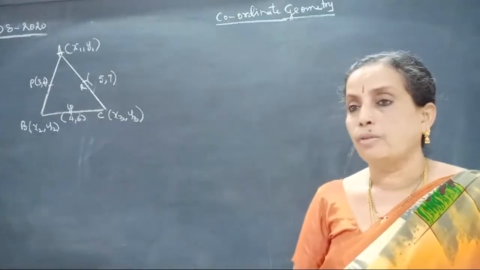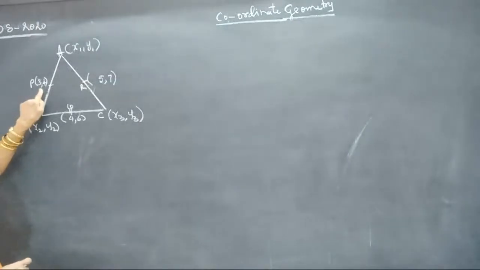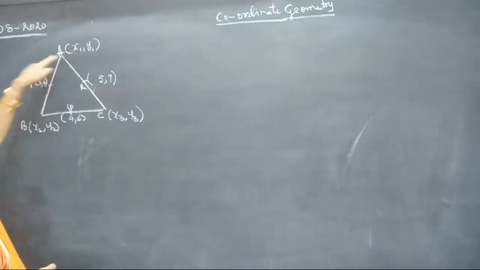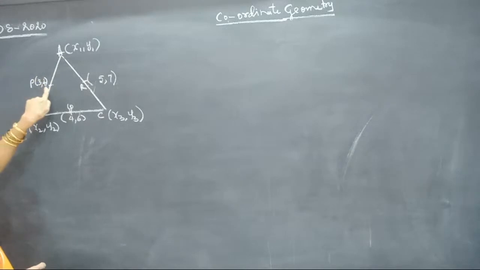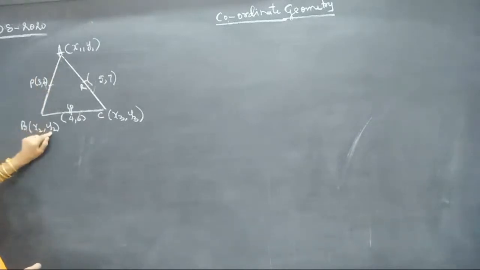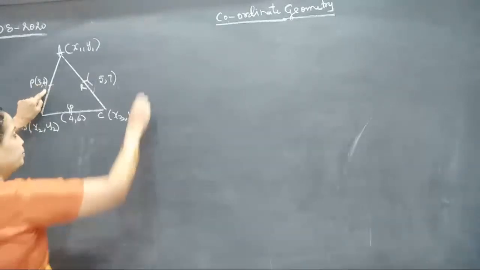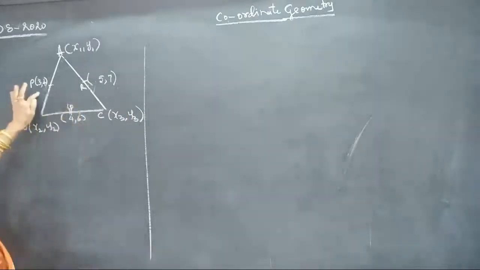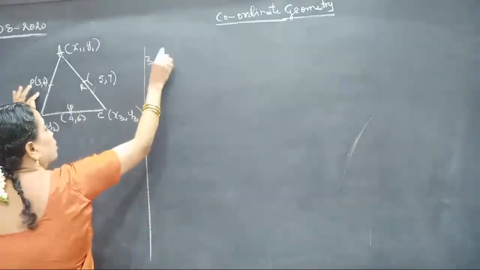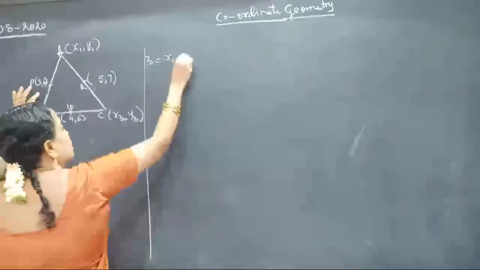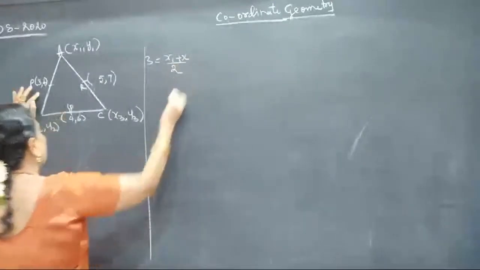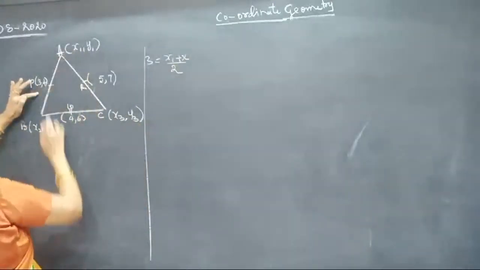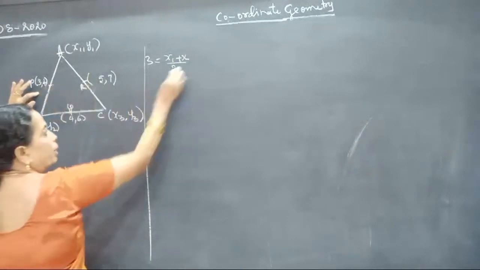So now we'll have three conditions. Point (3, 4) is the midpoint of AB. That means, don't write, just see, we get 3 equals (x1 plus x2) by 2, which is the midpoint.